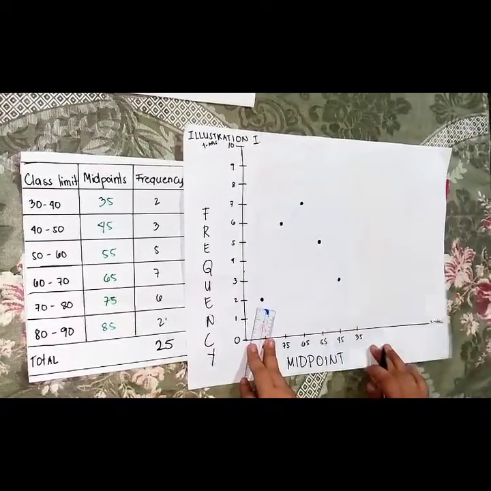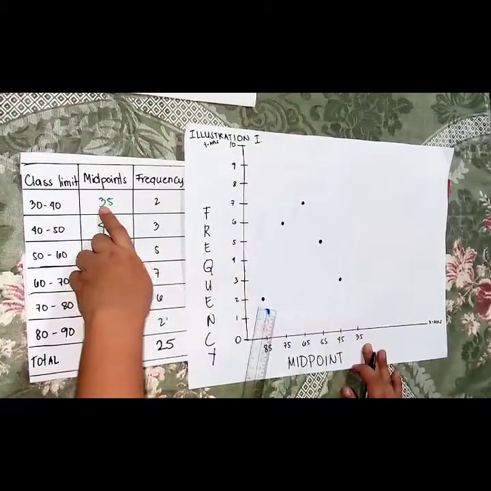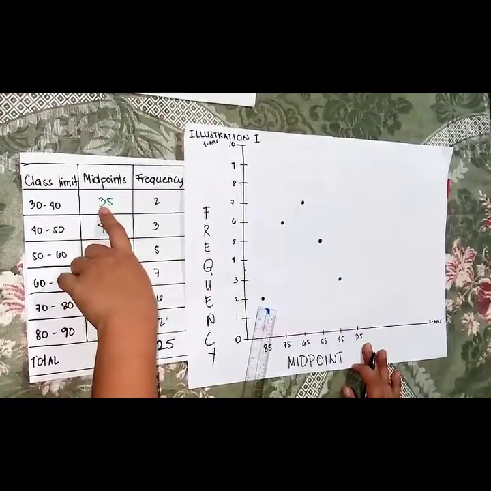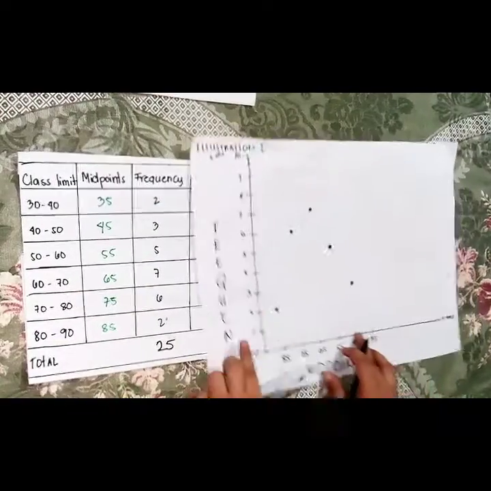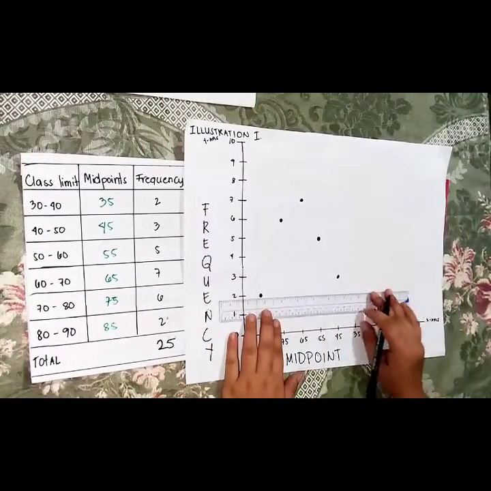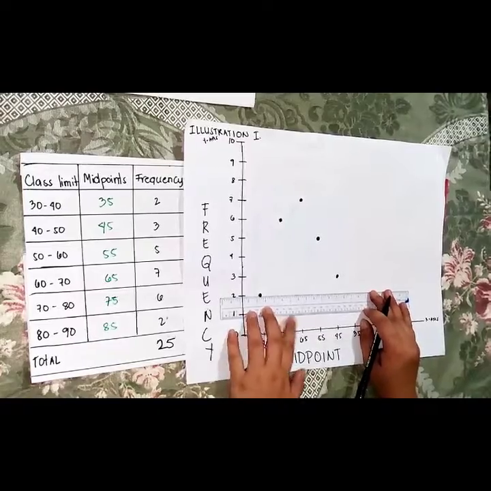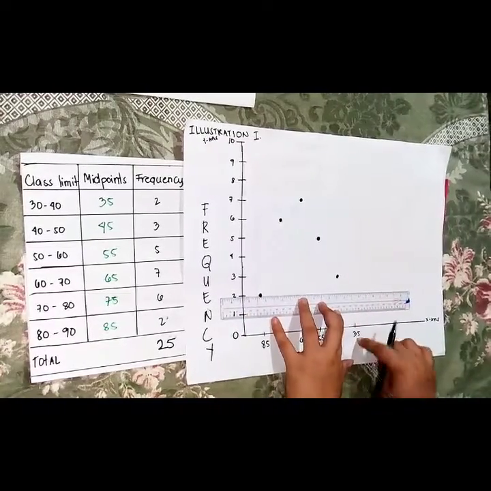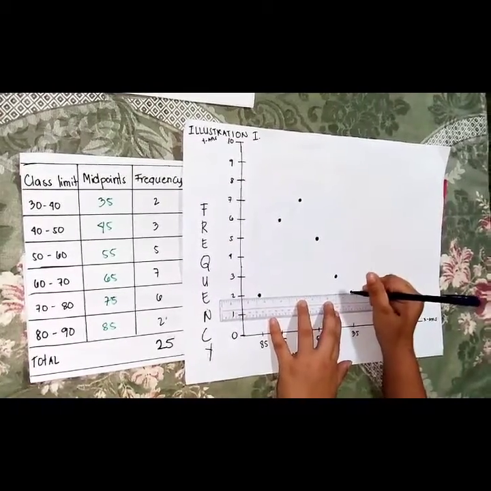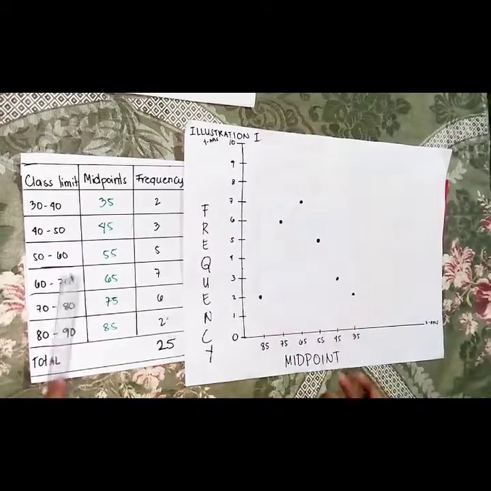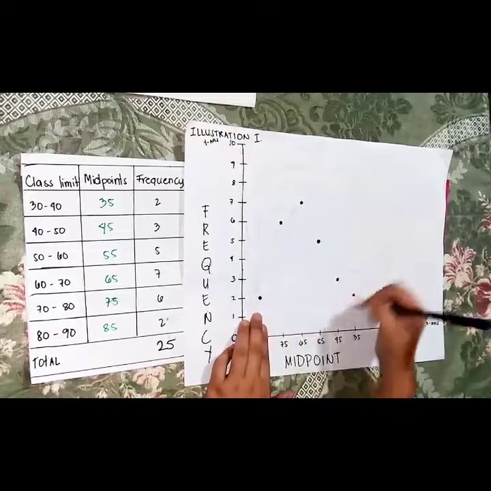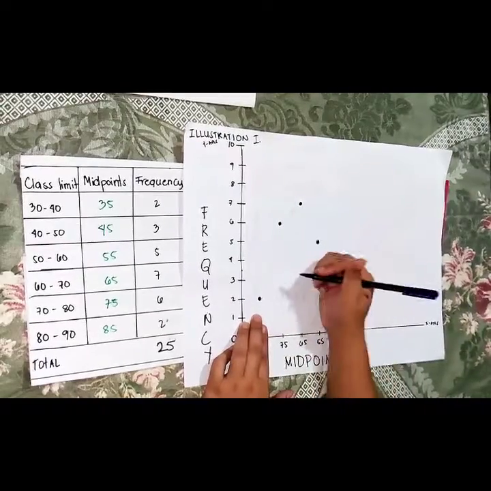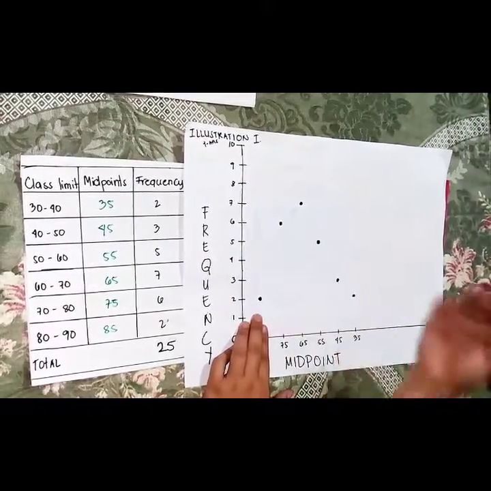And last, we have an x-axis of 35 with a frequency of 2. So we are going to point the shade to the number 2 and 35. And now we are going to create a line to connect our frequency to our midpoint. There you go.